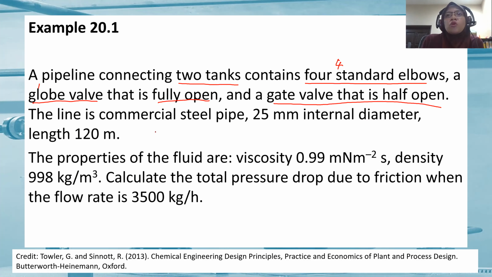And then the line is commercial steel, so we need to find a roughness for this. And this is the inner diameter, and then the length is 120. This is our length, the actual length.